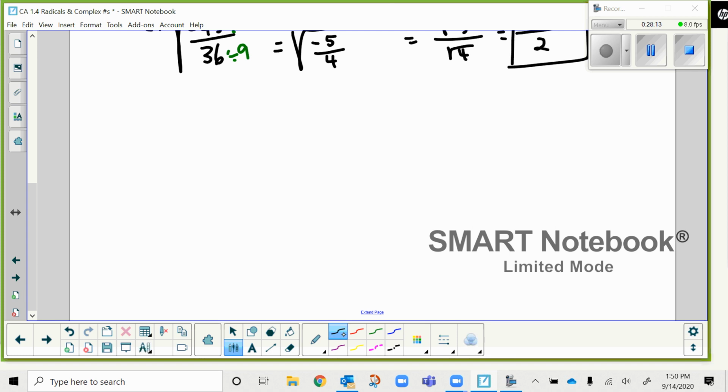All right, D. Negative 49 over 75. So I told you in the last problem to try to simplify the fraction first if you can. But in this problem, you cannot. Oh, wait.